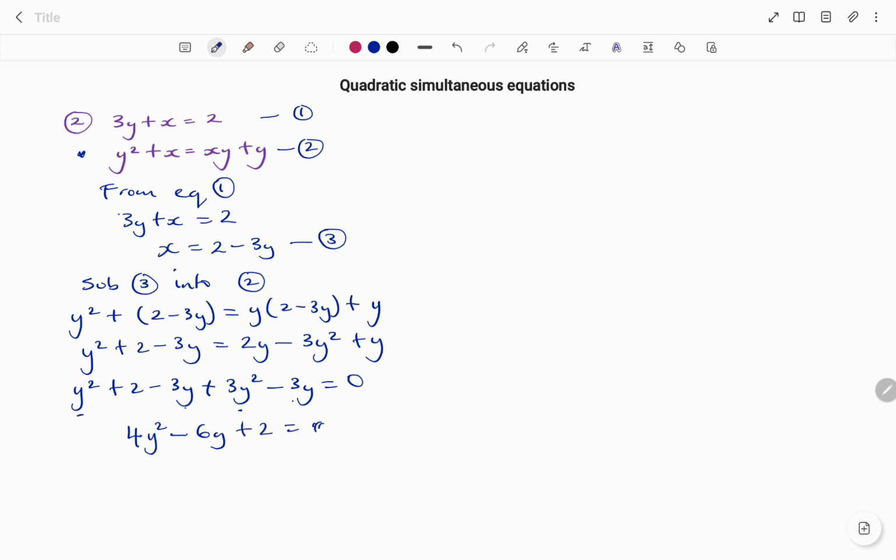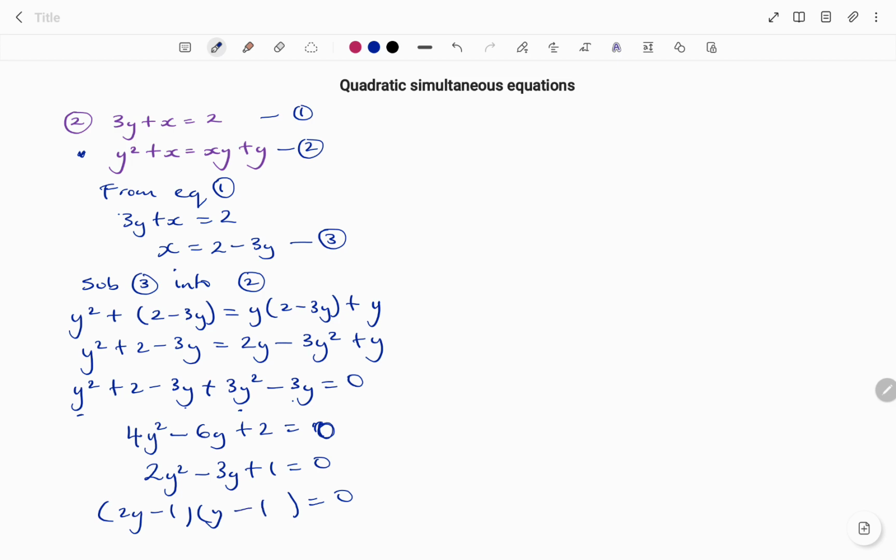To make it easier to factorize, I'm going to divide through by 2, and that will give me 2y squared minus 3y plus 1 equals 0. If I factorize, that will give me 2y minus 1 and y minus 1.